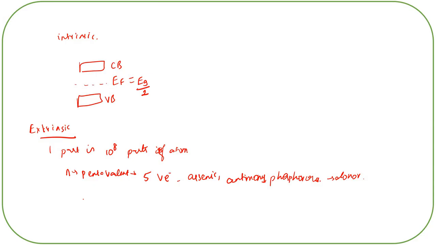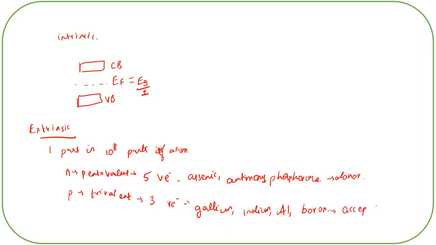Next, for P-type, trivalent impurities are added which have 3 valence electrons. Examples are gallium, indium, aluminium, boron, etc. These atoms are called acceptor atoms. There is a free hole which can accept an electron for current conduction. So this is about N-type and P-type.